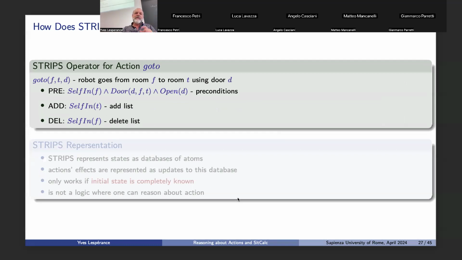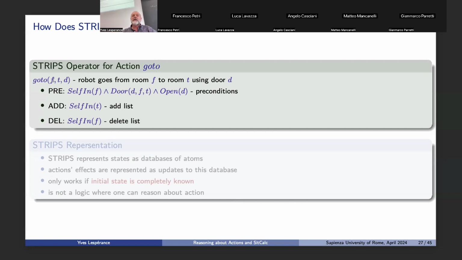Maybe just to finish, one thing. Probably in previous courses you may have seen some work on planning, where maybe you use PDDL to represent the planning domain. You use kind of STRIPS format to represent the actions. So in STRIPS, you would have operators for an action like go to.